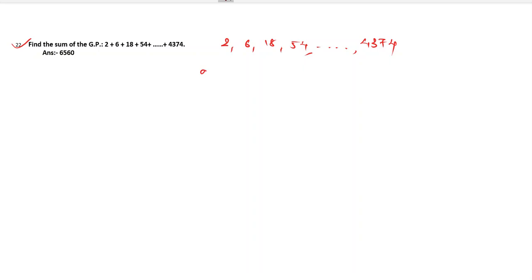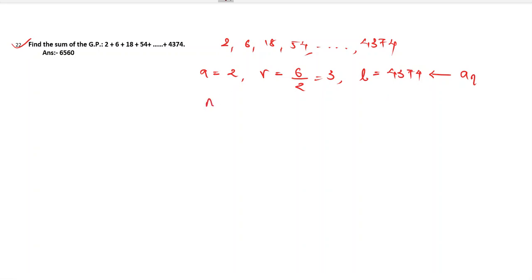What is the first term of the series? 2. What is the common ratio? 6 by 2, which is 3. What is the last term of the GP? 4374, which can also be called the nth term.